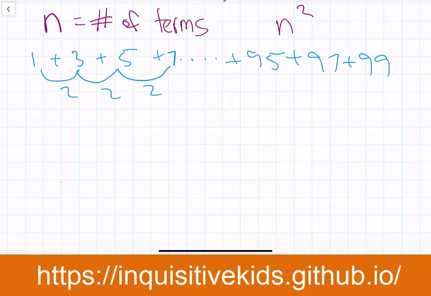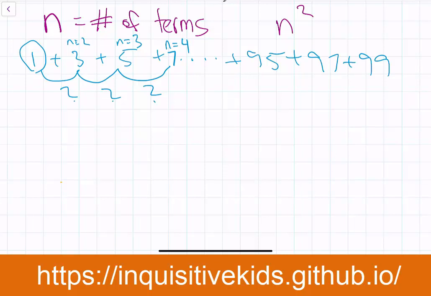And 3, the second number of the sequence, is 2 more than 1, which is the first term. And 5, when n equals 3, is 2 2's bigger than 1. And when n equals 4, the fourth term, which is 7, is 3 2's greater than 1.